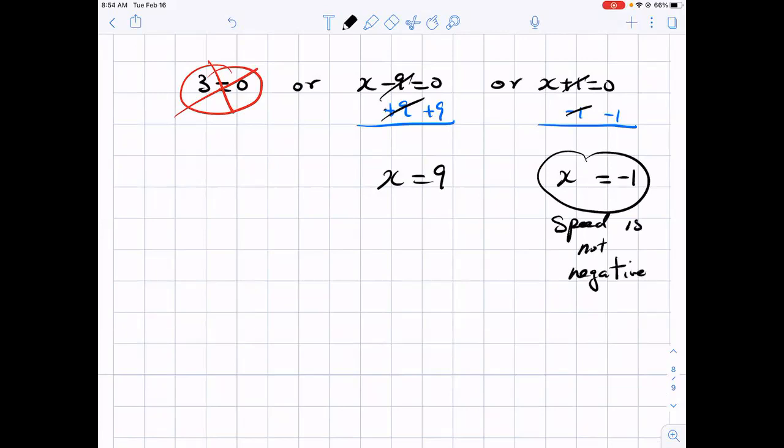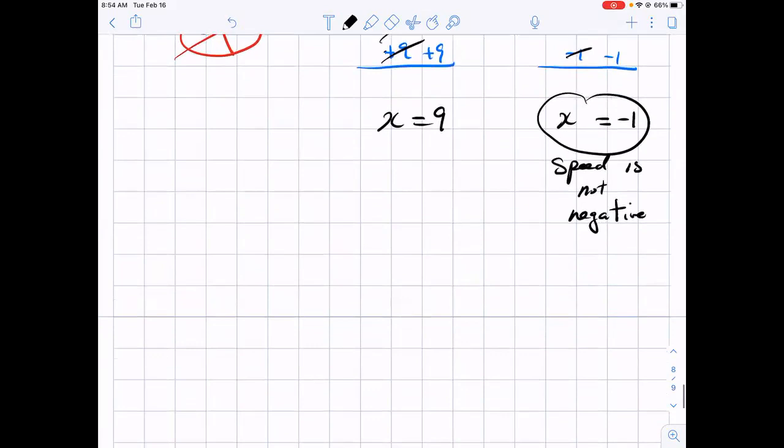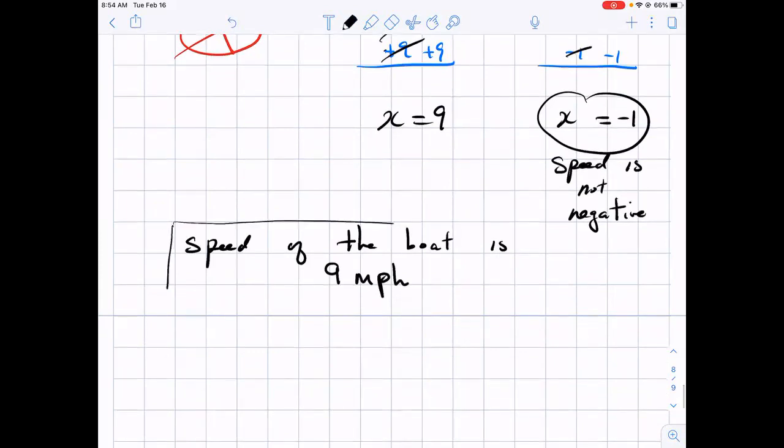Obviously, if the speed was negative, the water would be pushing the boat backwards. So x here, the speed of the boat, is 9 miles per hour. The speed of the boat in still water is 9 miles per hour. And this here is the answer.